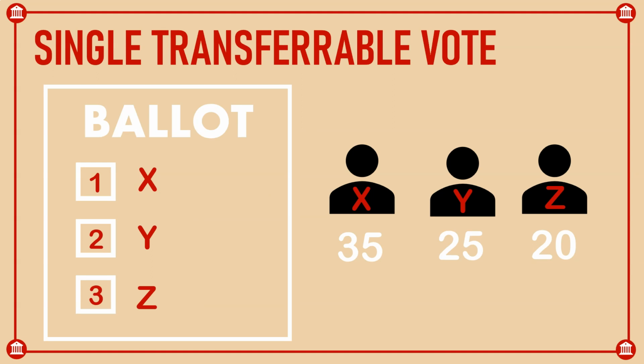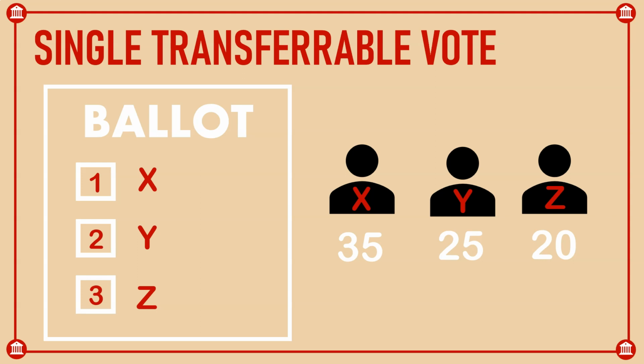Suppose in the ballot that I submitted, I chose the first rank as X, second rank as Y, and third rank as Z. After counting the votes, we yielded the results. 35 members of the Legislative Assembly believed that X should be number 1, so they gave first rank to X. 25 people gave first rank to Y, and 20 people gave first rank to Z. On this basis, since 31 votes are required to win, the first seat goes to X, since he already secured the quota of votes.